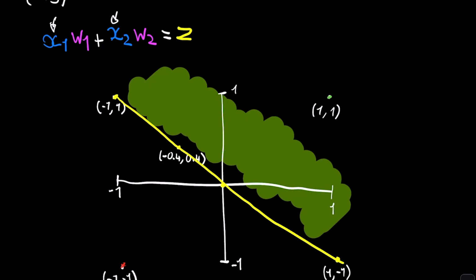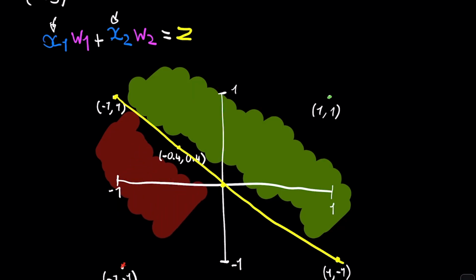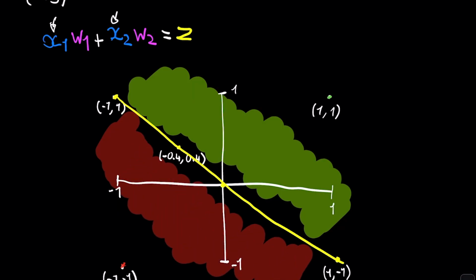And likewise, any point we sample from this side of the line, when plugged in and fed into our machine with this current weight configuration, would output a negative score. And that would give us another class, right?